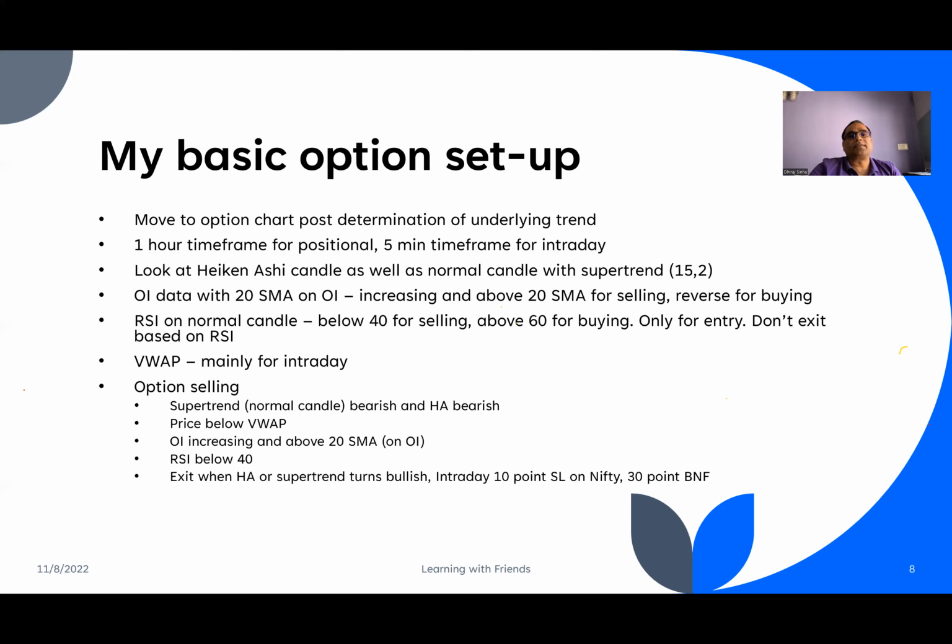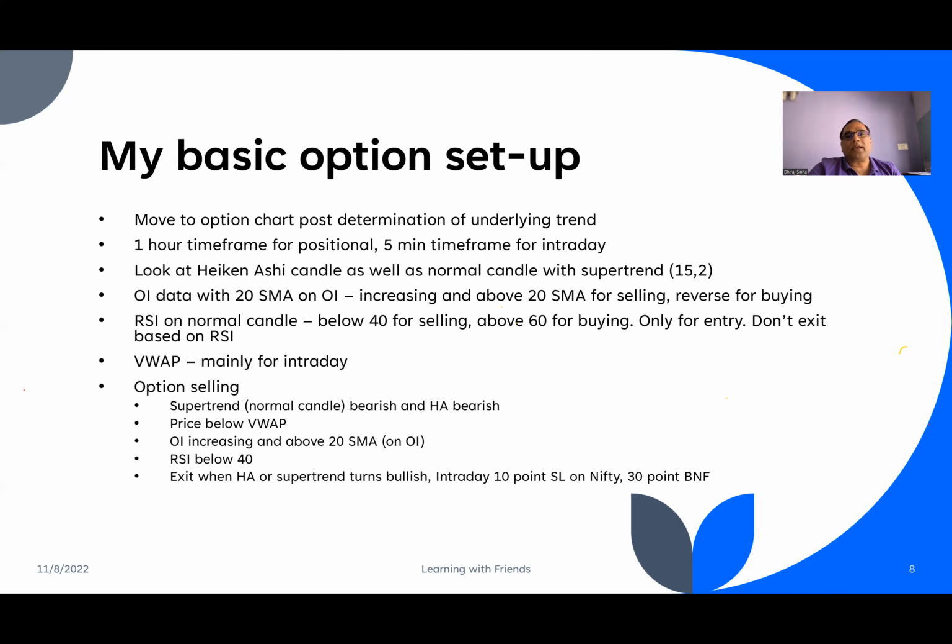Yes. Okay. So, if you remember, Ashish ji has talked about Supertrend, correct? On a normal candle. And he uses, I think, 7-2 as the Supertrend, and stays in the direction. What I have seen is that is definitely one of the ways.